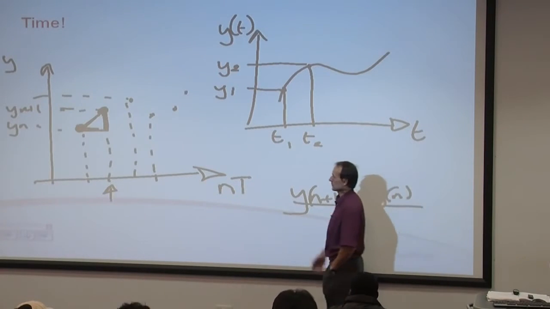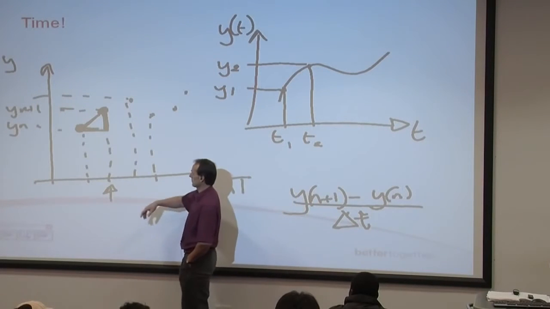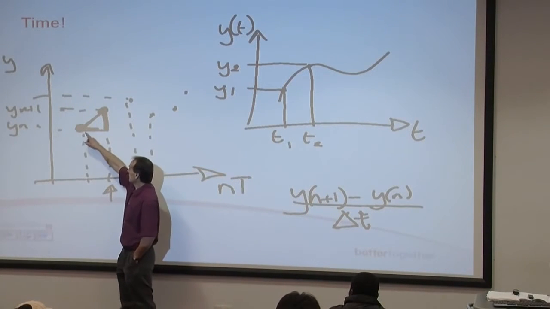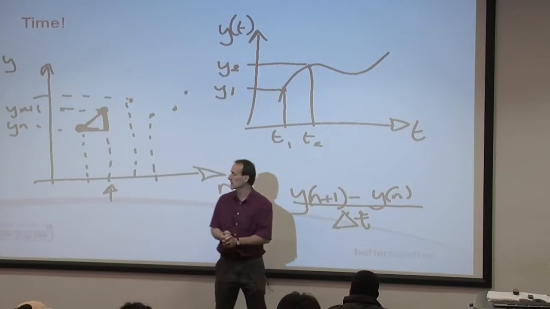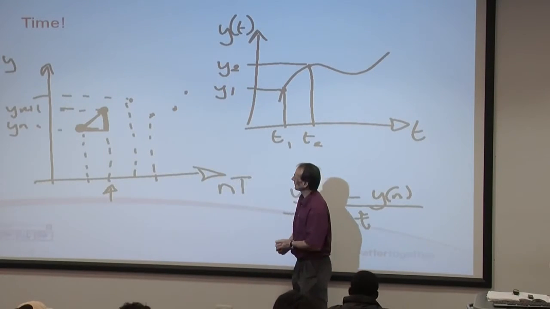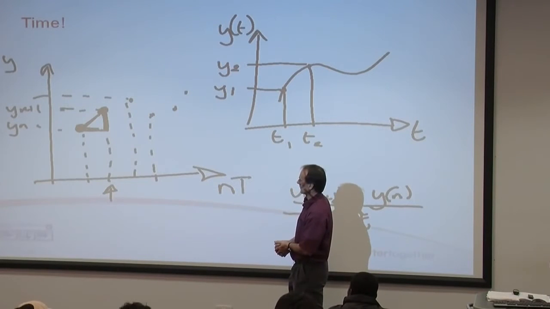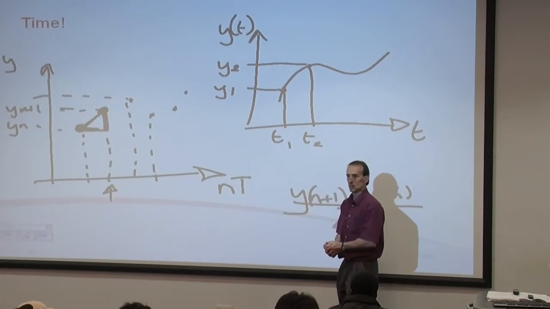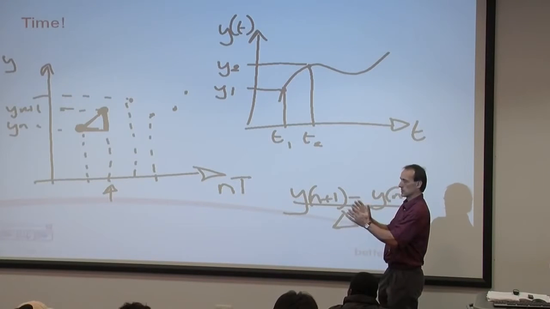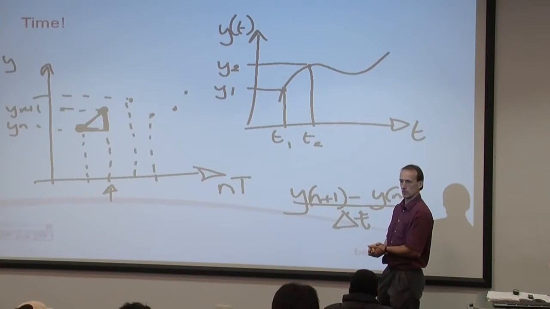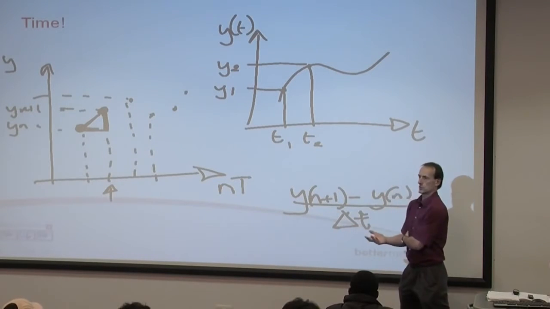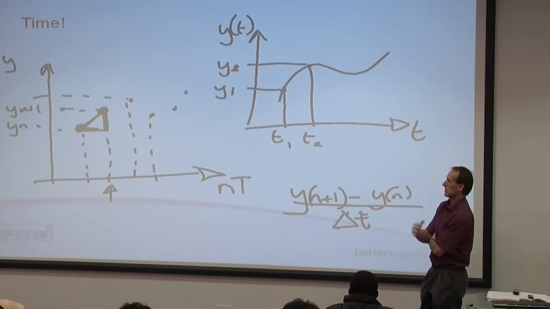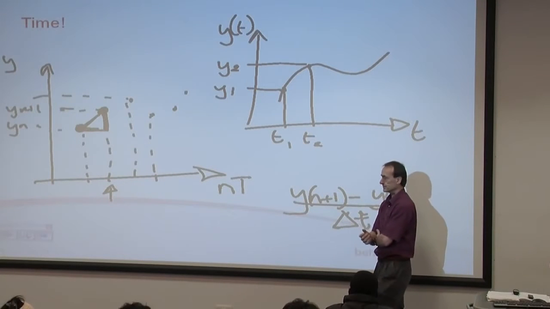And if you're working out the area underneath, what you would do, presumably, is you would come up with some approximation, let's say the trapezoid rule, and you say, well, yn plus 1 plus yn, divide by 2, and times the time. And that would give you the area beneath. So again, we can approximate differentiation and we can approximate integration.